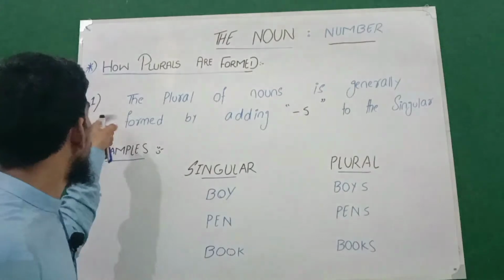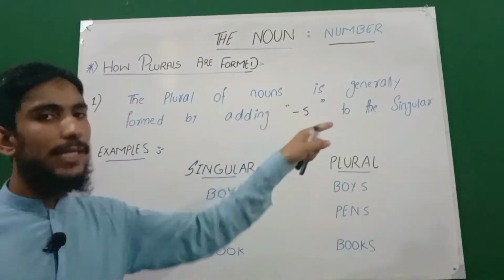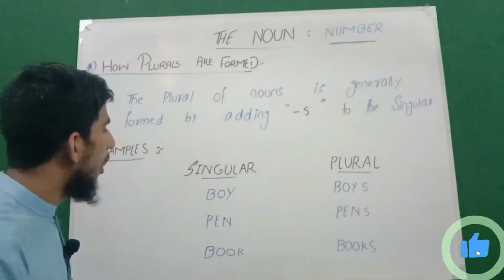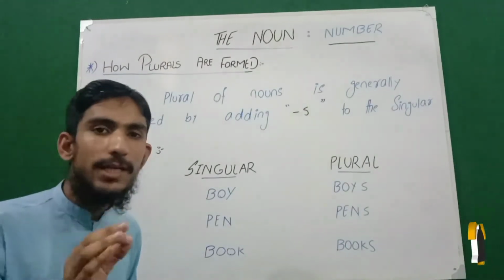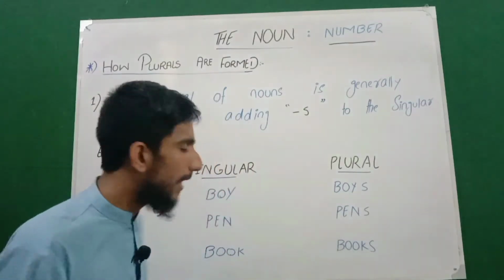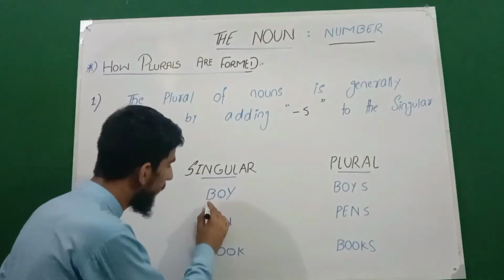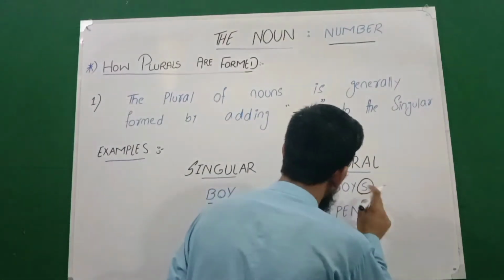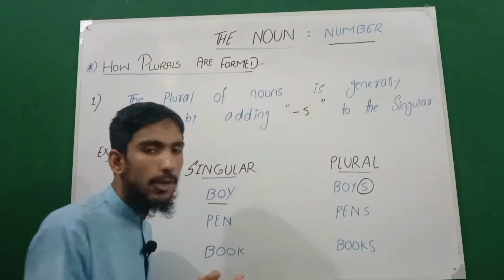The first method is that the plural of a noun is generally formed by adding s to the singular. At the end of the singular we just put s, and as a result its plural is formed. For example, this is boy. At the end of boy we place s, so boys is now the plural of boy.